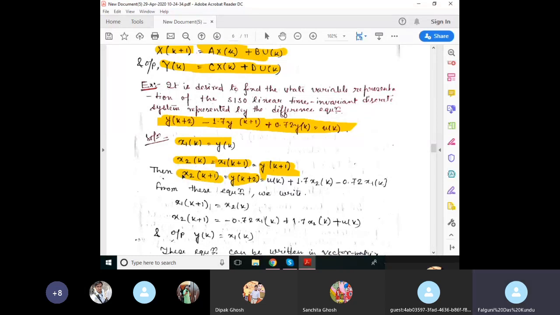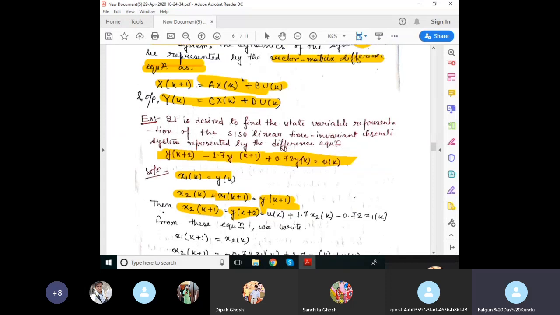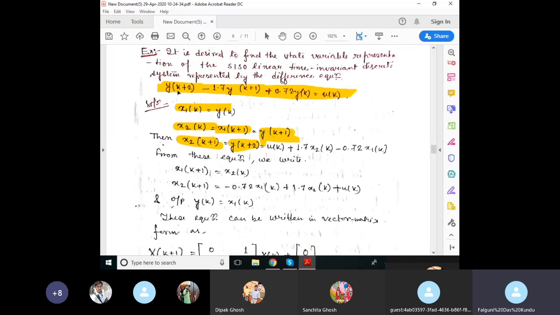We stop here because in the difference equation the term is y of k plus 2, which can be expressed in terms of x2 of k plus 1. So this is nothing but u of k, plus 1.7 x2 of k, minus 0.72 x1 of k, after moving the terms to the right side.